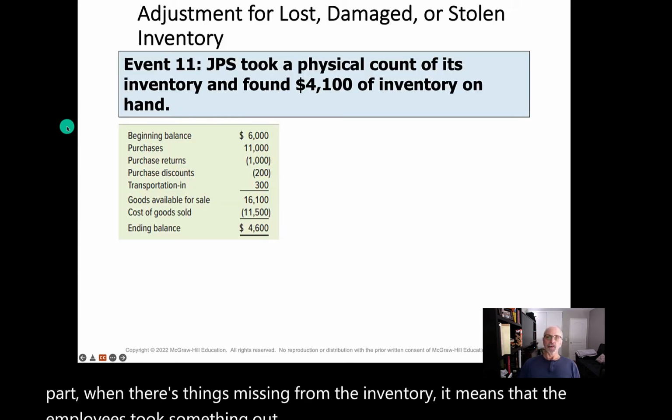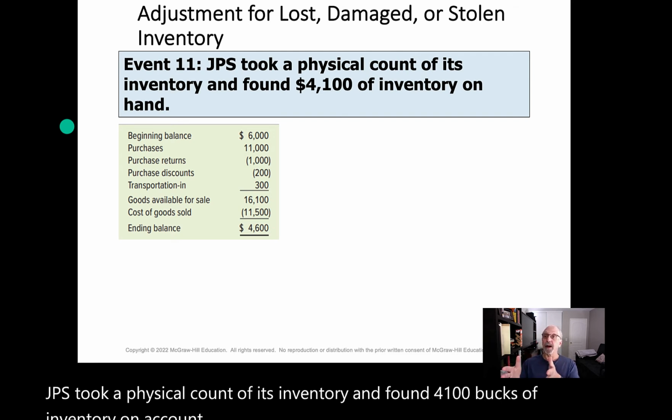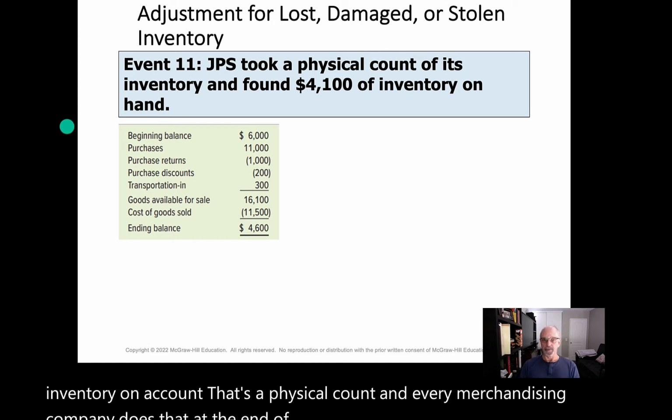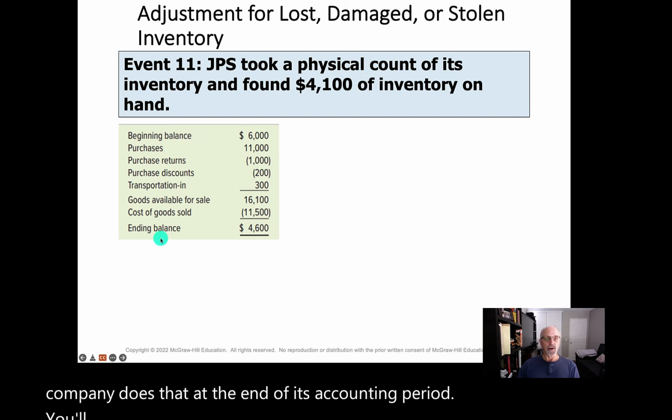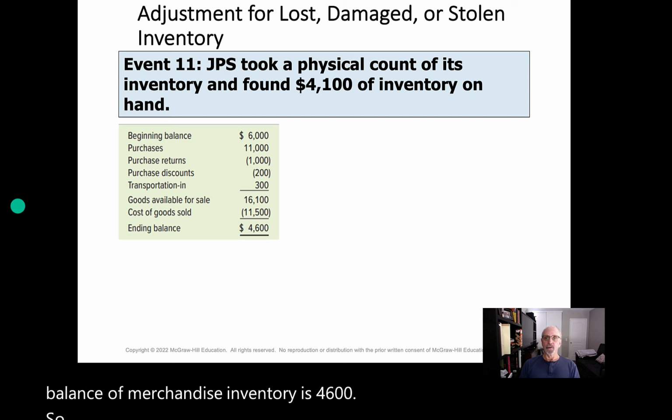So JPS took a physical count of its inventory and found $4,100 of inventory on hand. That's a physical count. And every merchandising company does that at the end of its accounting period. Now you'll notice here what they found for JPS is on the books, the ending balance of merchandise inventory is $4,600. So there's $500 of merchandise that's missing from the inventory because the physical count is the physical count.